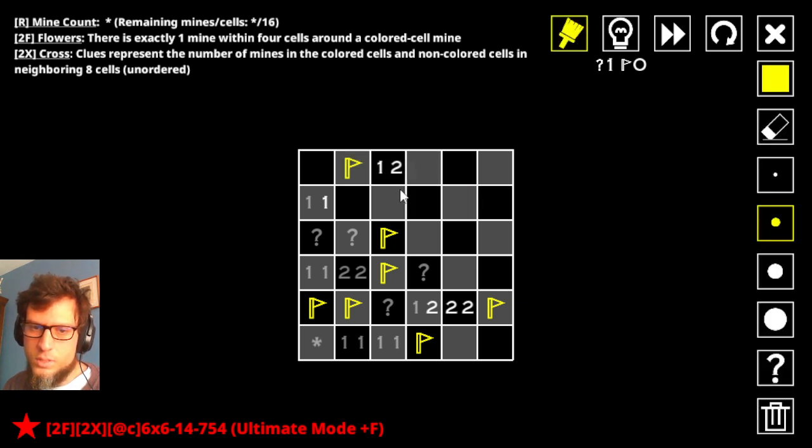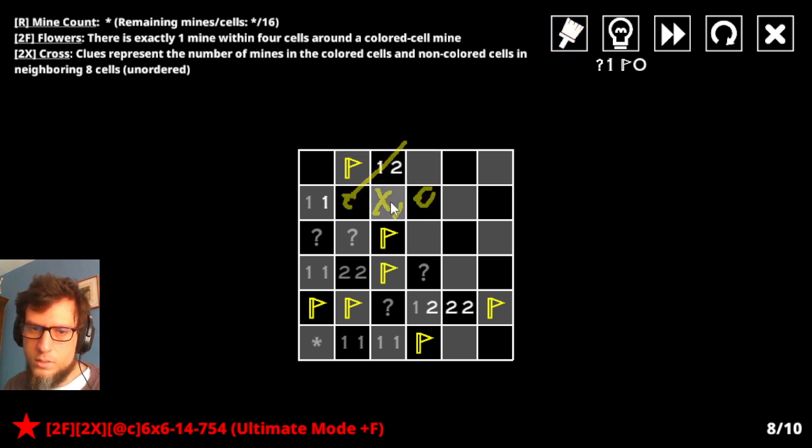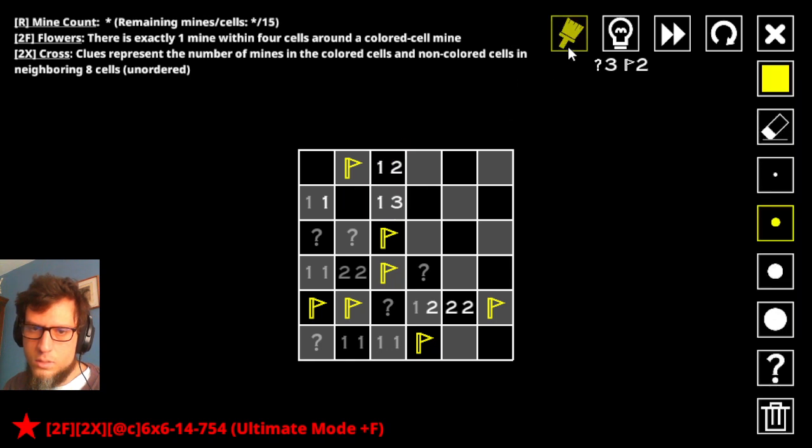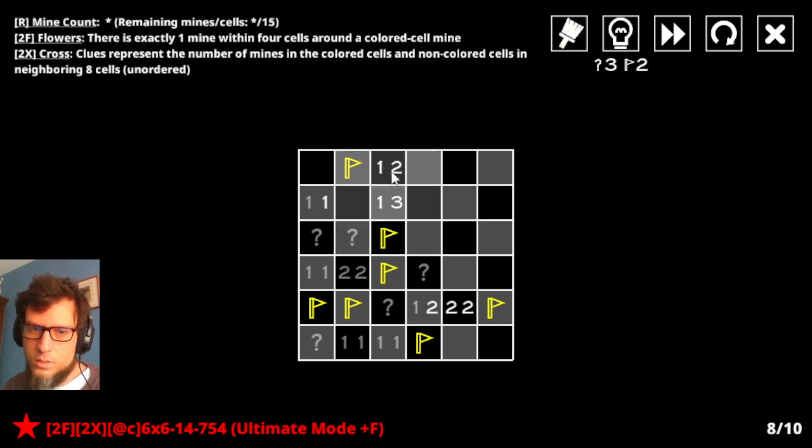And for example, if this is a mine, then both of these are gone, and this is over, so goodbye. 1-2, that's 1-3. This needs to have 3 in this zone. This needs to have 4 in that larger zone, but it already has 1 outside of it, so that's gone.